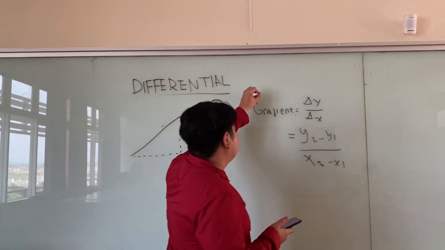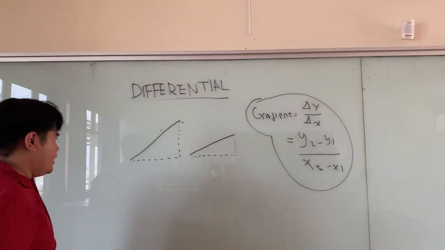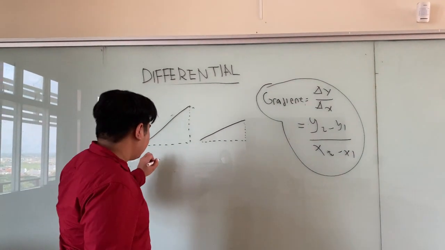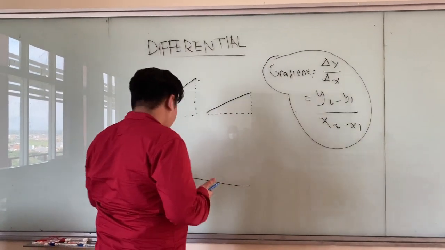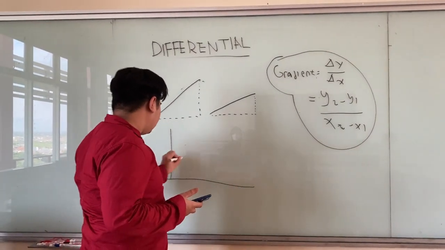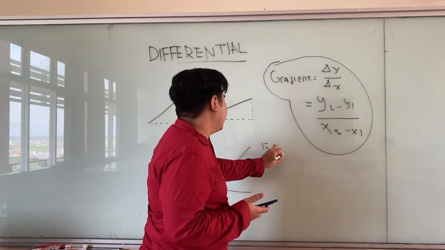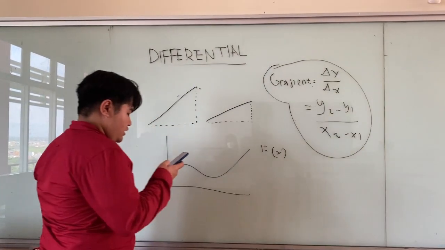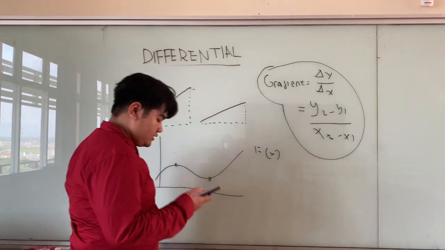Yes, this is the formula for the gradient. And for example, if I have a curve like this, a non-straight curve, and we call this f(x), the gradient of each point is different.